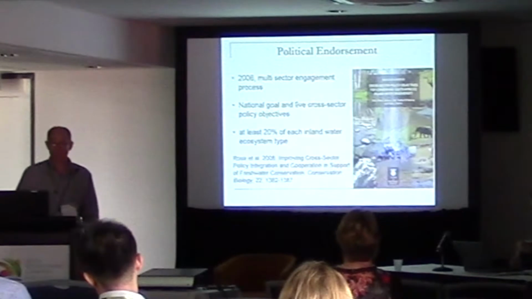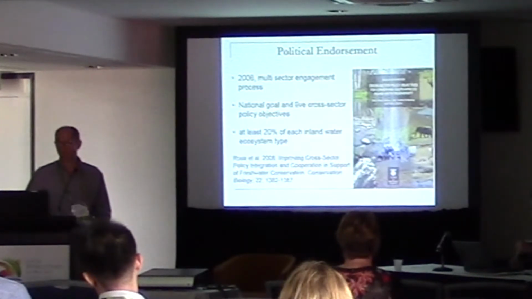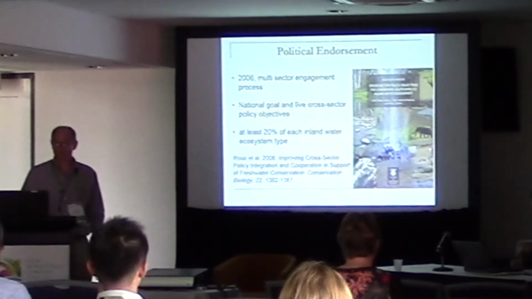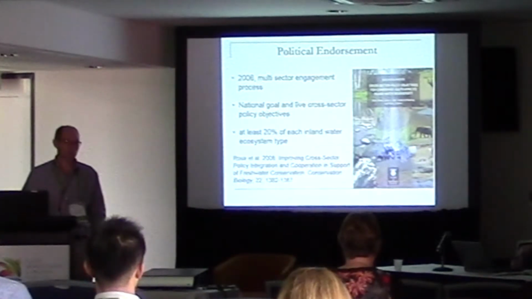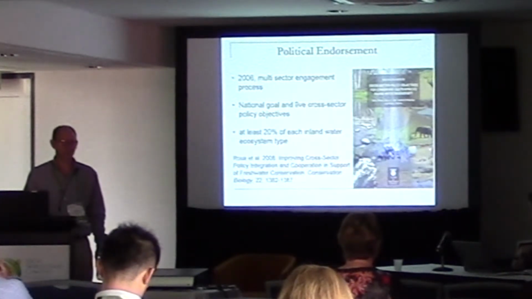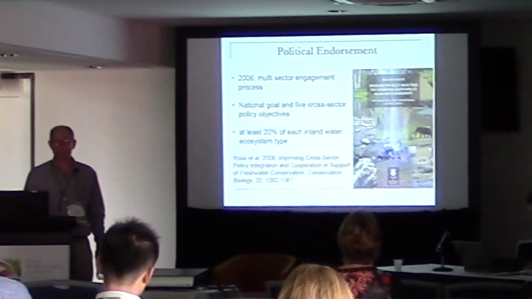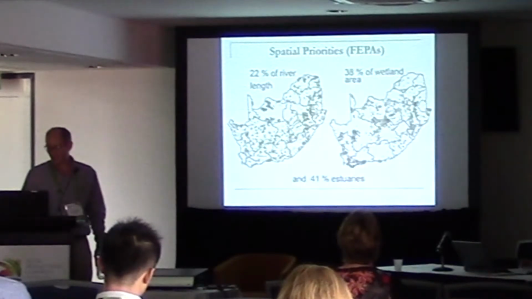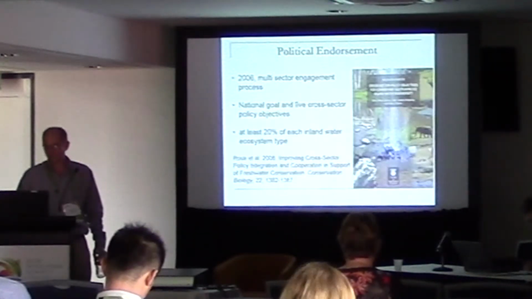Political endorsement: Jean has mentioned that we went through a process in 2005 and 2006 in South Africa, whereby senior government officials from a number of policy sectors engaged and really grappled with this issue of how many rivers and wetlands we can put aside for a high level of conservation. That's a very important step.